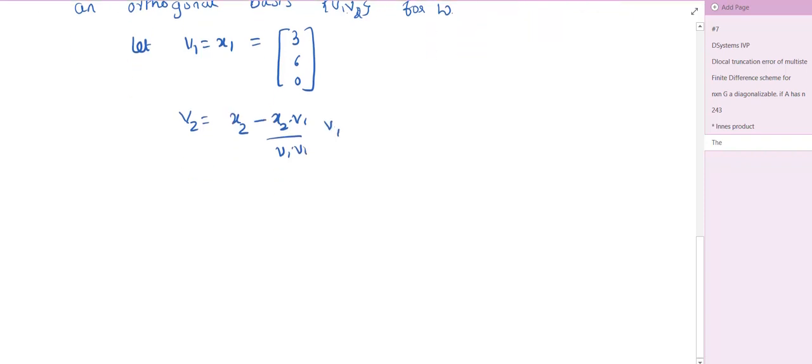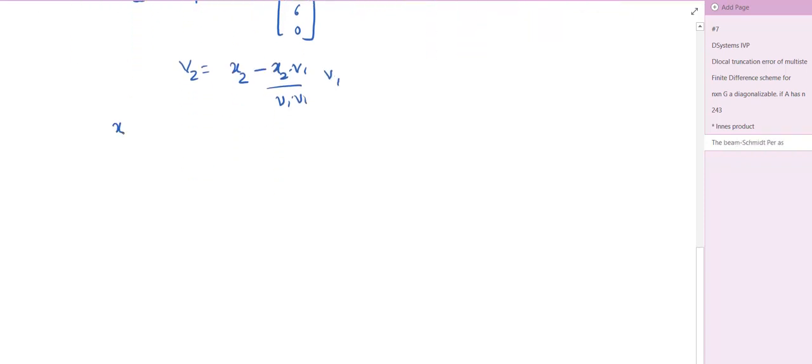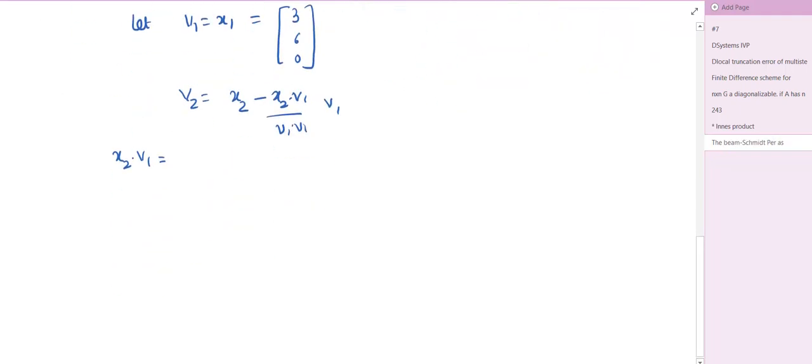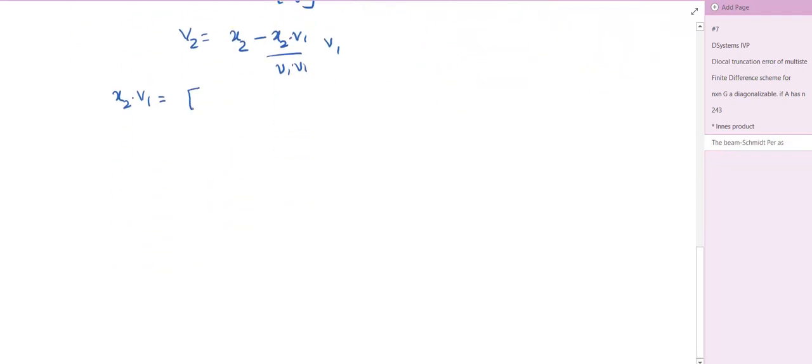So here we need x2 dot v1. X2 is known to us and this is your v1, which is your x1 itself.